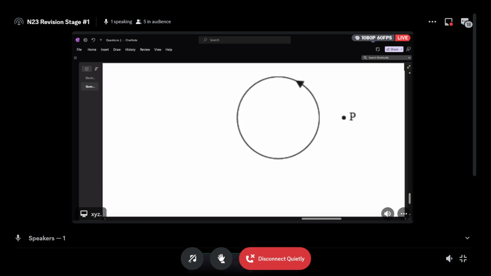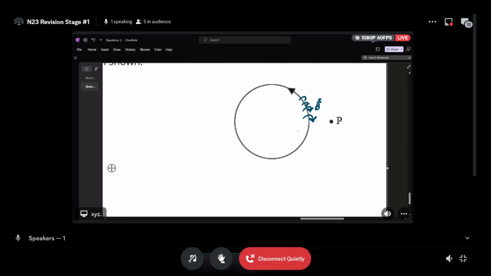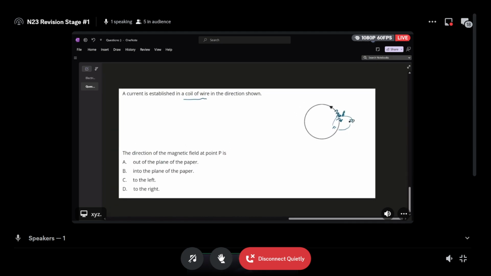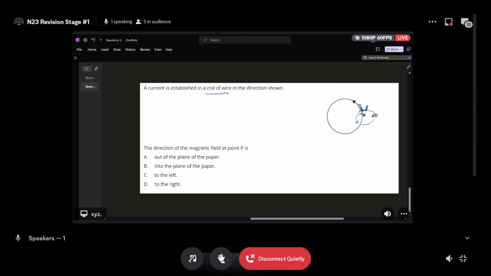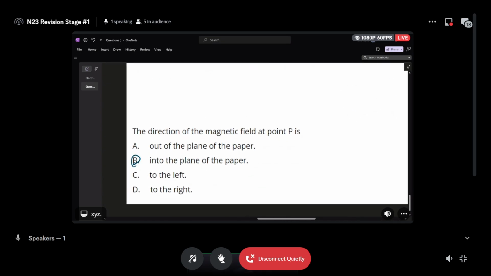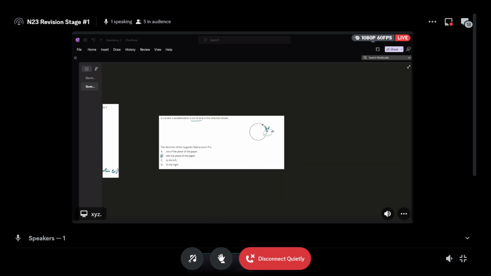And if we do our right hand rule, we put our thumb in the direction of current and we curl our fingers, we'll find that our fingers go this way, which means that the B field will look like this. And that is carried on radially all the way to P. So the direction of a magnetic field at point P will be into the plane of the paper. Quite simple.